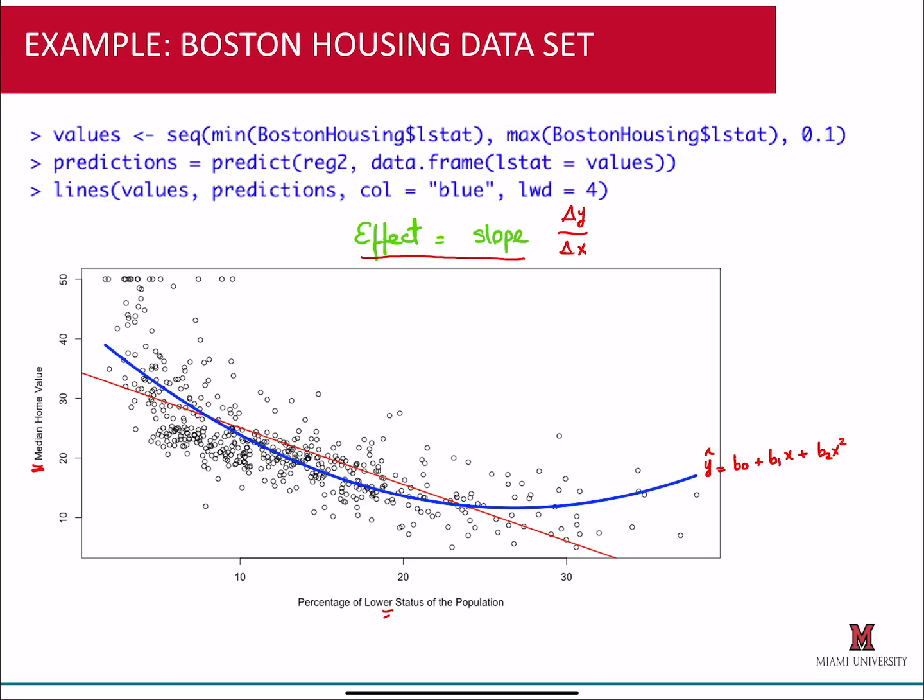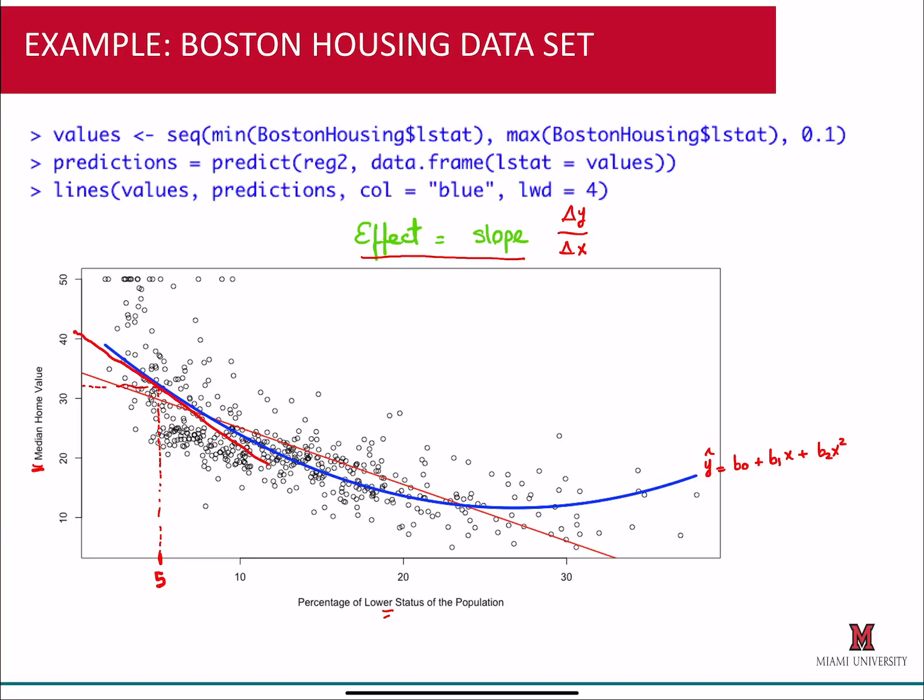Let's say the percentage of the lower status of the population is 5%. Well, what is the change in y produced by a change in x? The slope right here is this. It's a little bit steeper than if you measured it somewhere else.